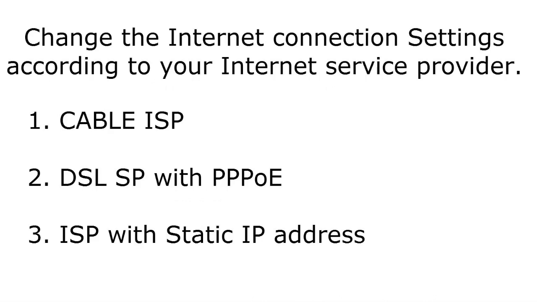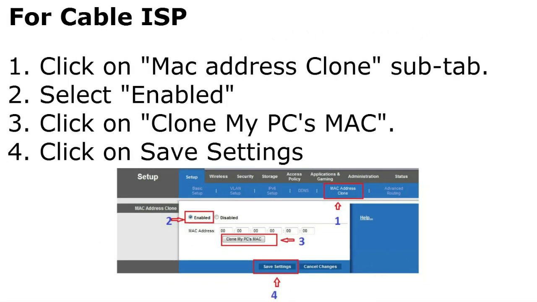In this video we will discuss various internet service providers like cable internet service provider or DSL service provider with their PPPoE username and password, and also the internet service provider with a static IP address. So first of all we will go with the cable internet service provider.